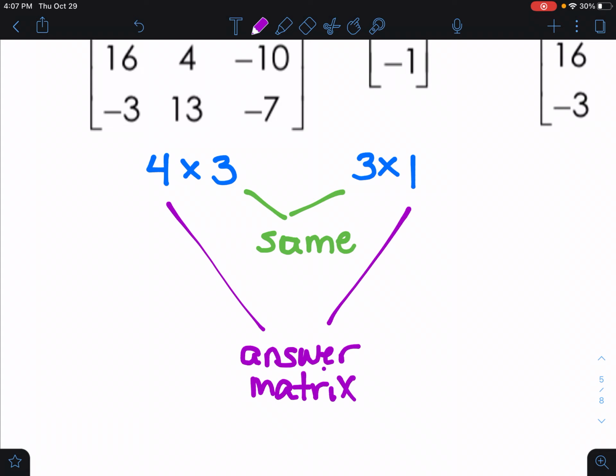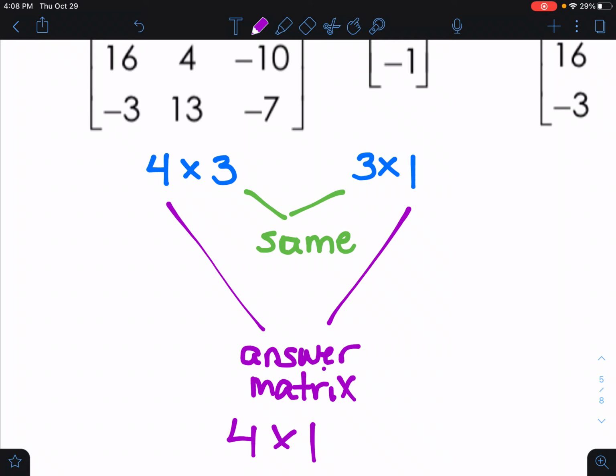Okay, so that means my answer would be a 4 by 1 matrix. And we'll talk about how the multiplication works in a second. But this is the first thing you need to determine: if you can even multiply them.